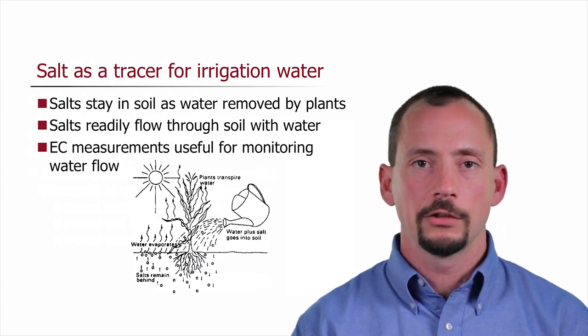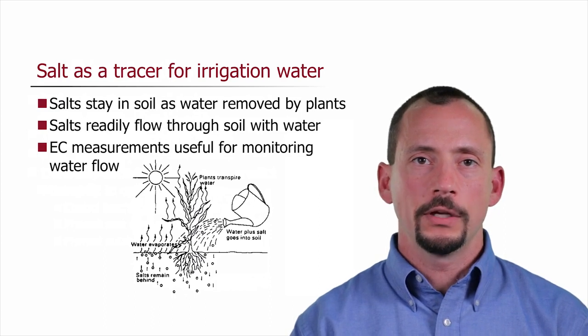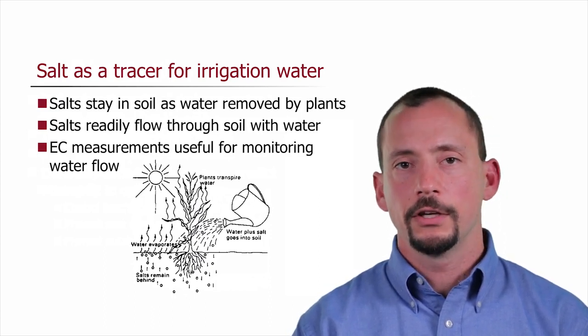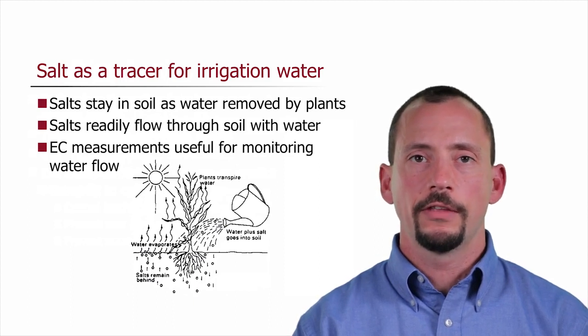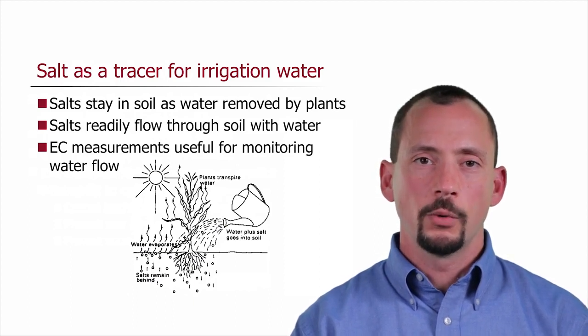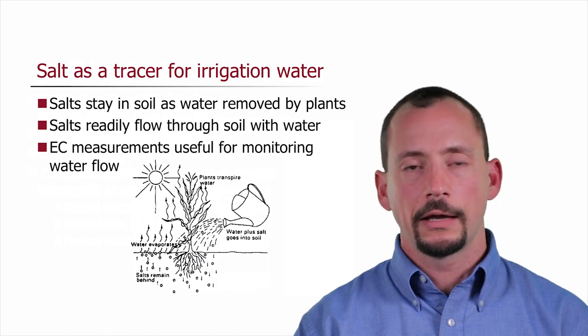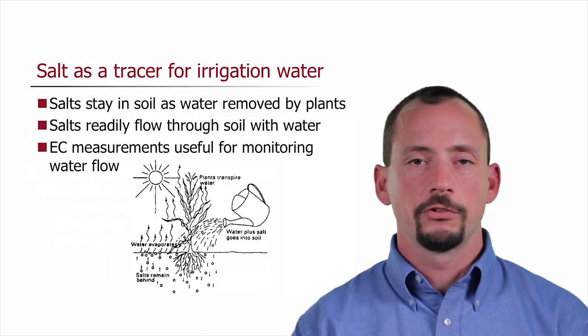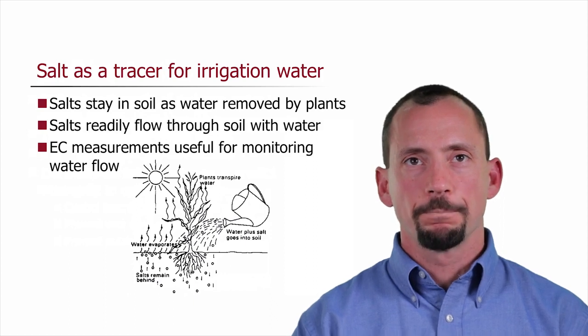If your water is staying in the root zone and is being transpired by the plants, then the electrical conductivity in the root zone increases. If that salt is flowing through the root zone and being drained out the bottom, then you will see that salt signature coming through the bottom of the root zone.